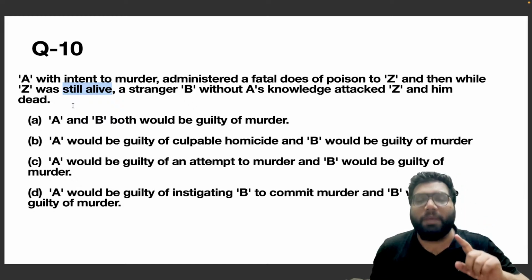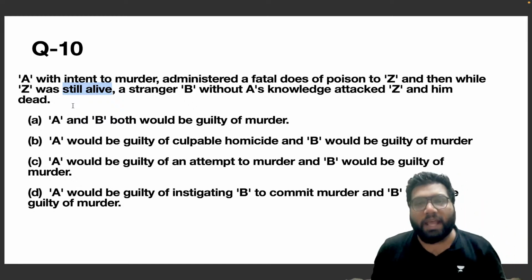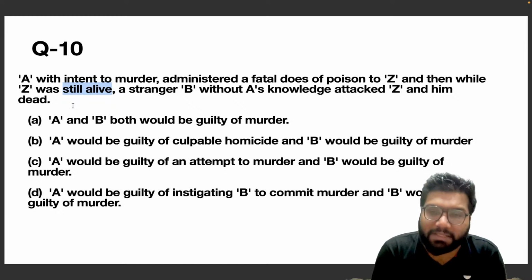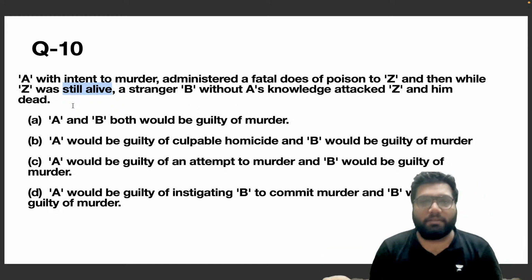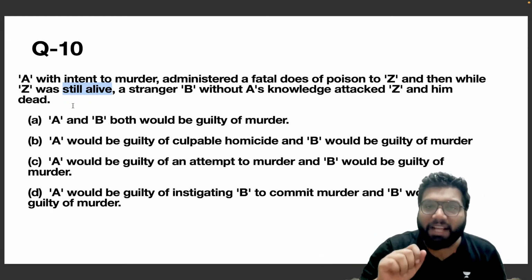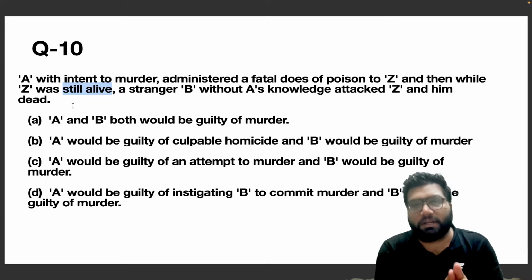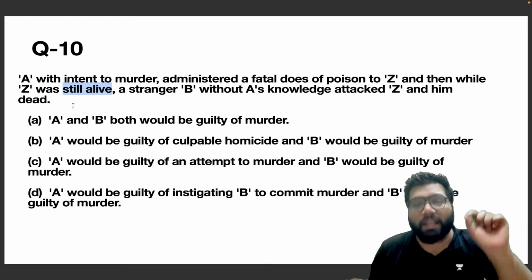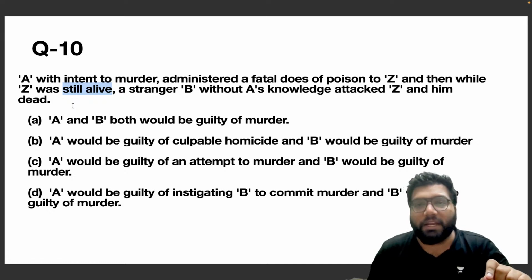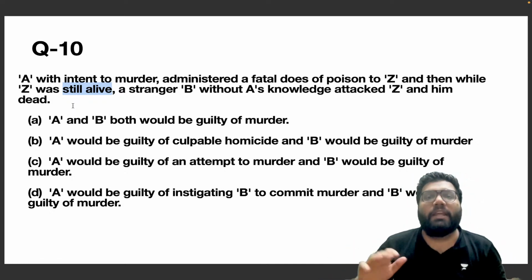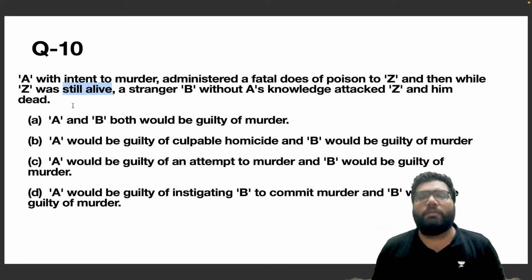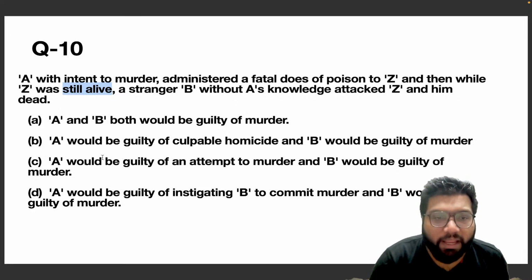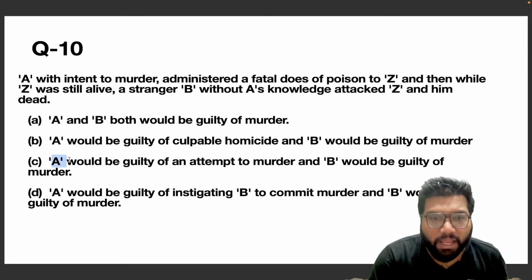If you can recall, Millie, as per section 299, one of the most important essentials is causing death. So if the death has not been caused by Mr. A, then it cannot be a case of culpable homicide. And if there cannot be a case of culpable homicide, in no case can it lead to the offense of murder. So that is why we will give punishment to A for the attempt to murder.